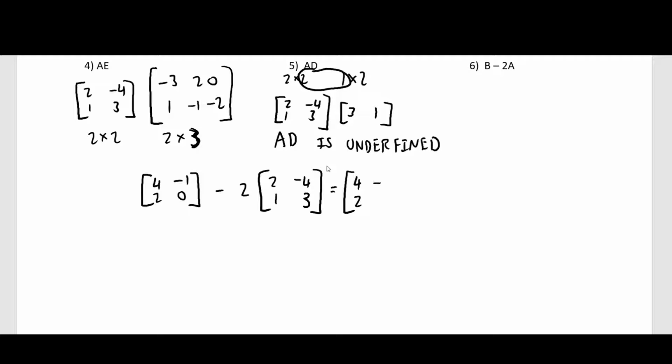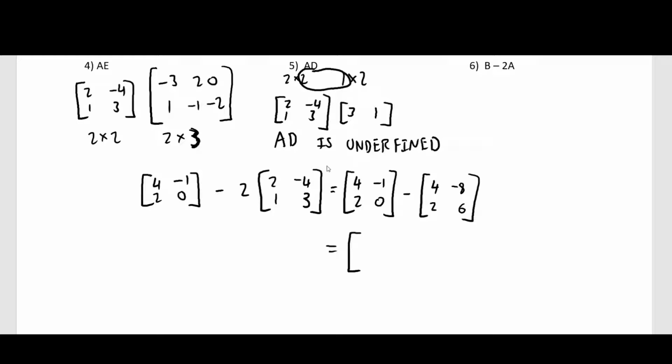All right, so we've got 4, 2, -1, 0. Take away. Now, 2 times by 2 is 4. 2 times by -4 is -8. 2 times by 1 is 2. 2 times by 3 is 6.